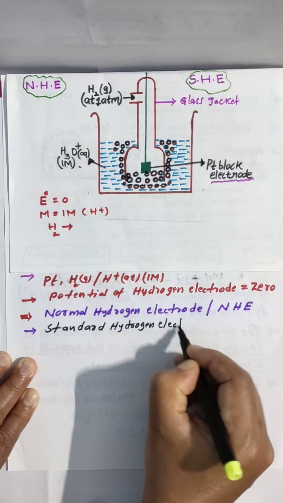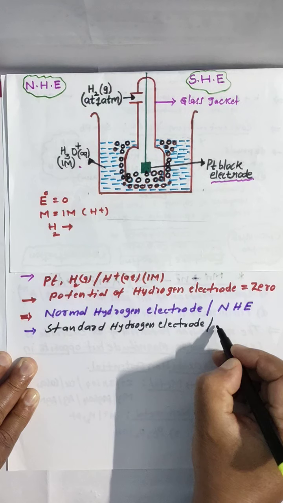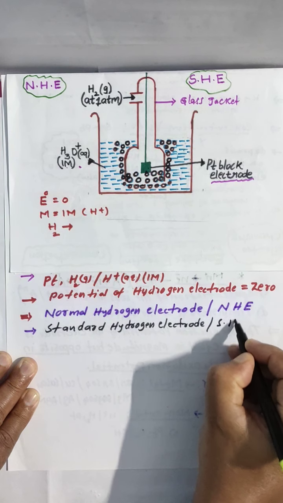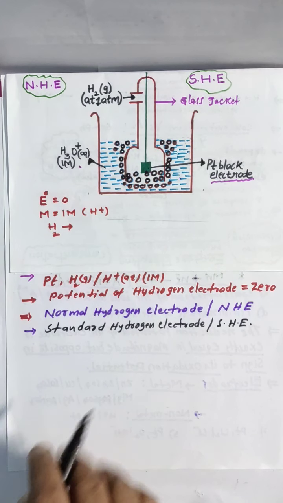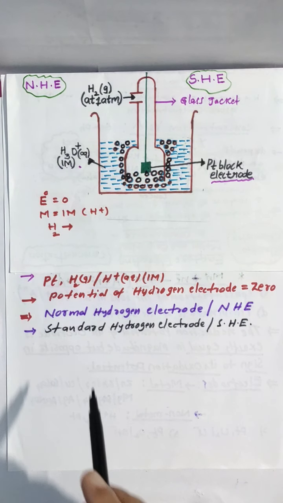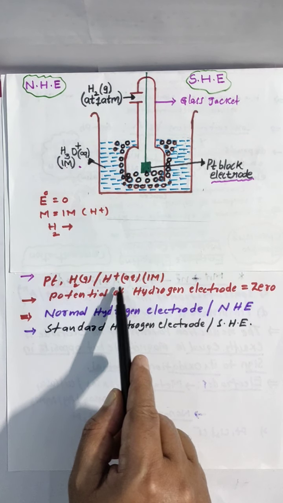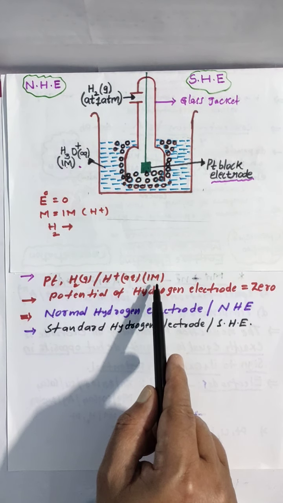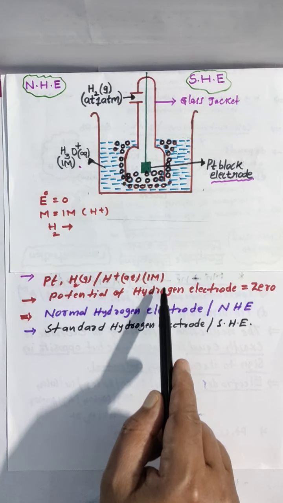So the hydrogen electrode, normal hydrogen electrode, or standard hydrogen electrode are all the same, where platinum acts as the electrode, with hydrogen gas in H plus ions at 1 molar concentration, whose standard electrode potential is 0.